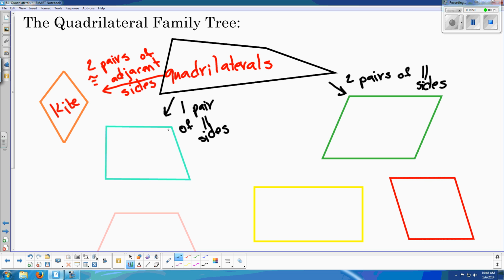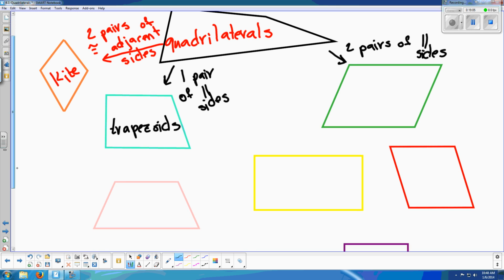Now, back over here, quadrilaterals. All of our quadrilaterals that have one pair of parallel sides are trapezoids. And I bet you can guess, off of a trapezoid, we have the isosceles trapezoid.